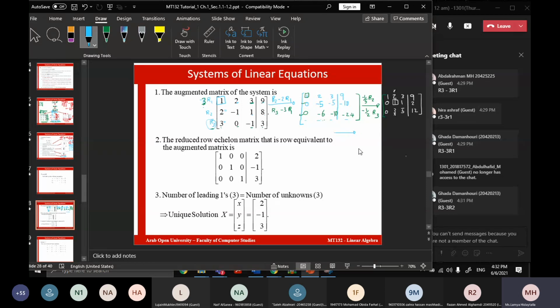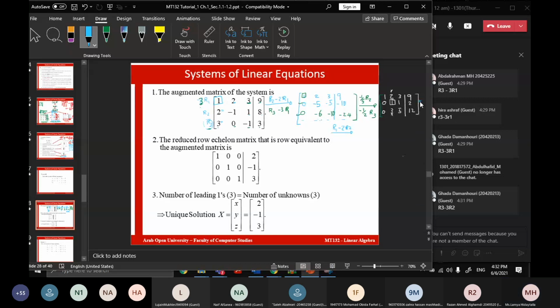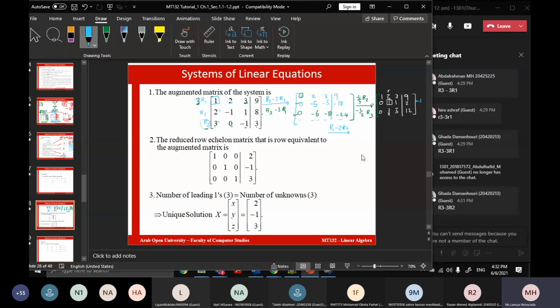We want to change R1. How do we do that? The new R1 is the old R1 minus twice R2, correct? You multiply this R2 by how much? By minus 2, to change it.